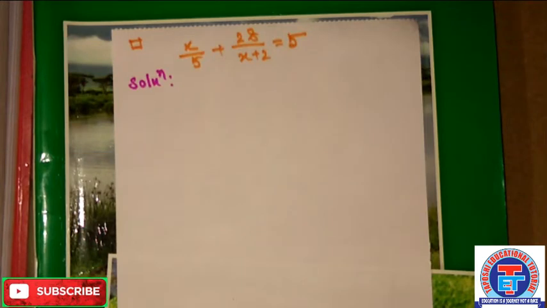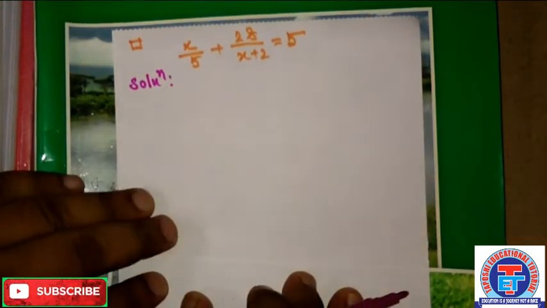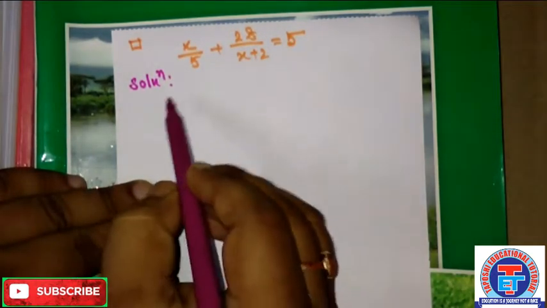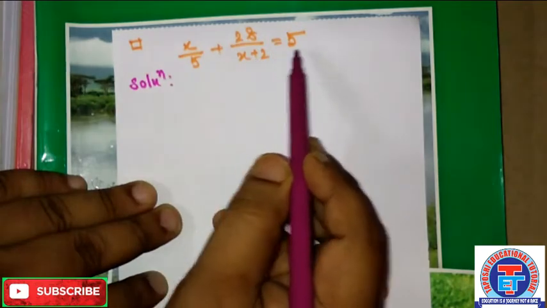Now dear student, here another problem is given: x by 5 plus 28 by x plus 2 is equal to 5. It is so easy that we solve here, right? So let's see how to solve this problem. First of all, given x by 5 plus 28 by x plus 2 is equal to 5.